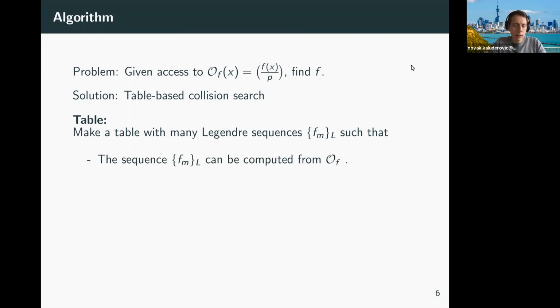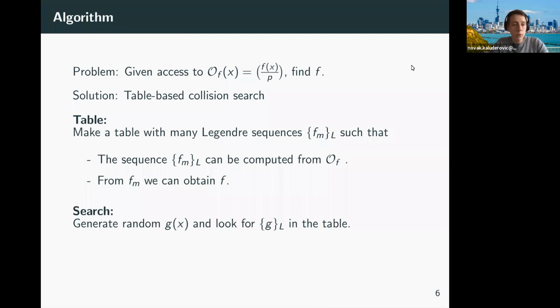Firstly, we can compute the sequence of polynomials f_m from the oracle of f. And the second property is that if we find one of these polynomials f_m, then from them we can obtain the polynomial f, and we can thus find the secret key.